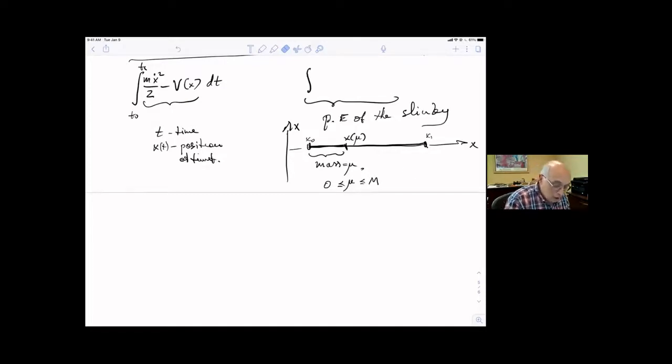Now here's a nice thing. Let's say I buy 1 kilo of this thing in a store, right?